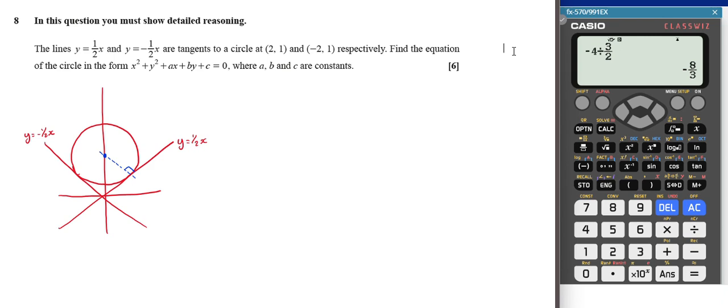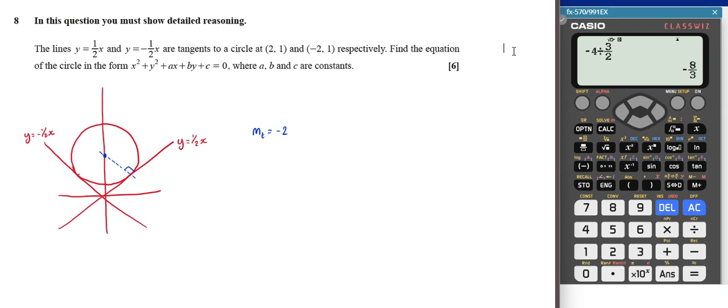Well, this blue line, which I'm going to call the tangent, the gradient of the tangent is going to be negative 2, because it's negative 1 over a half, because the tangent and radius are at 90 degrees to each other.